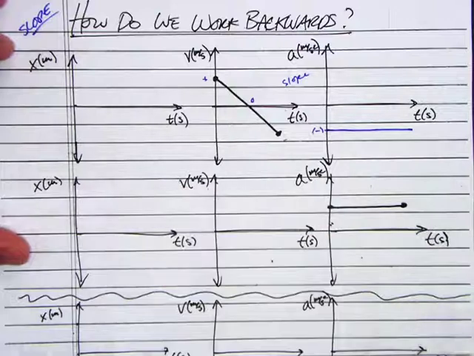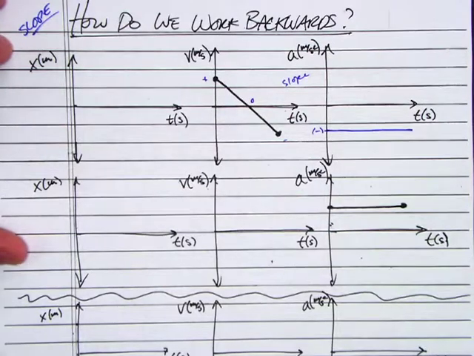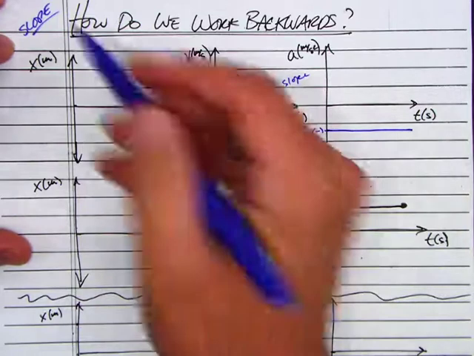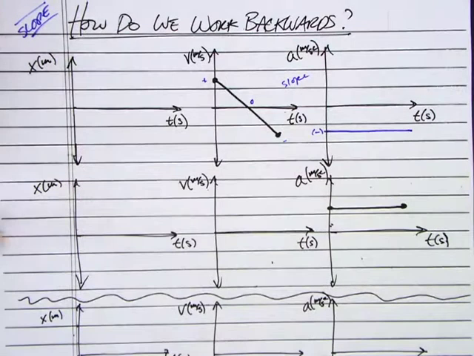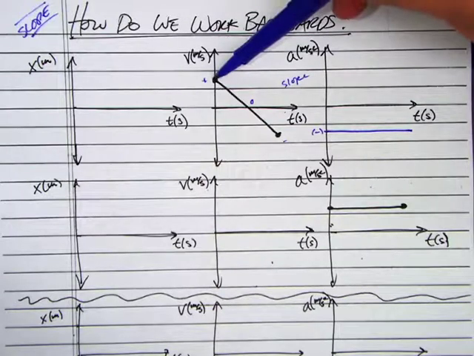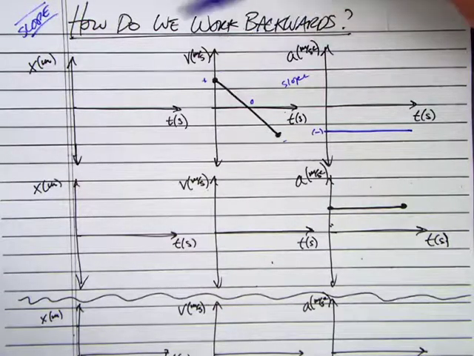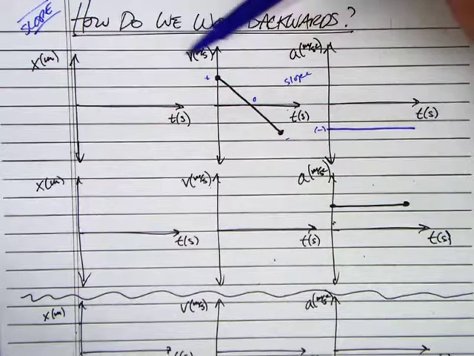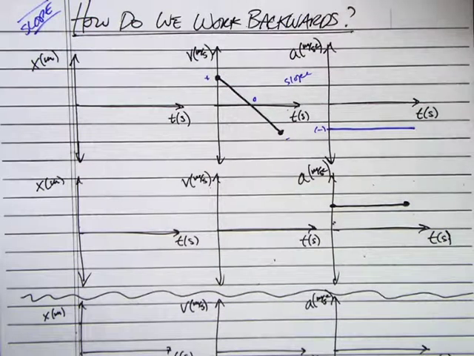But what about my position graph? What does my position graph look like? If we use the same idea of slope, we can get the shape of the graph, and I'll show you how. I know that my velocity starts as positive, and since the slope of my position graph tells me velocity, the slope has to start positive.